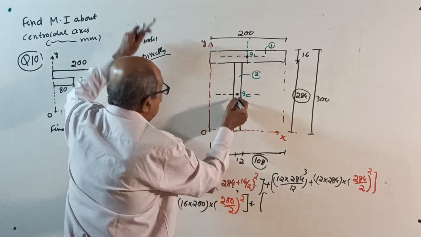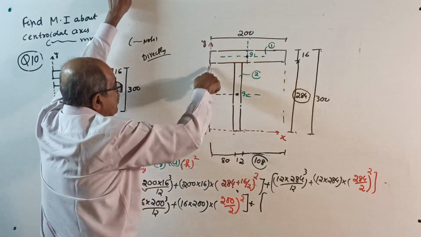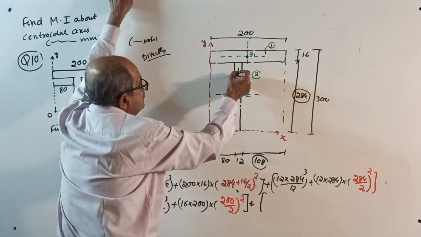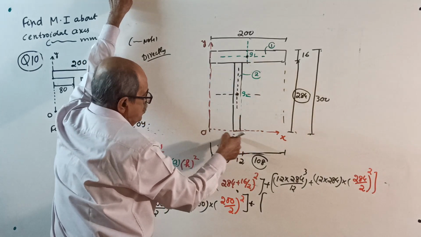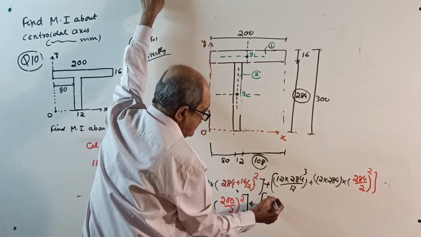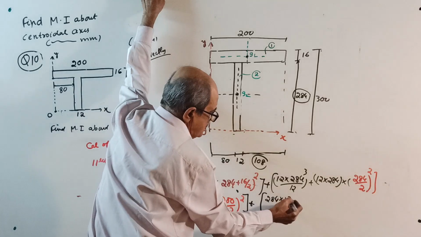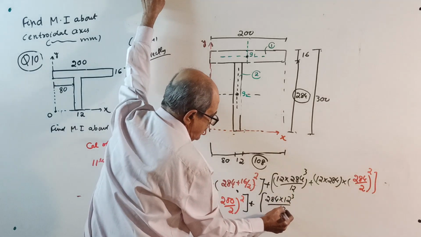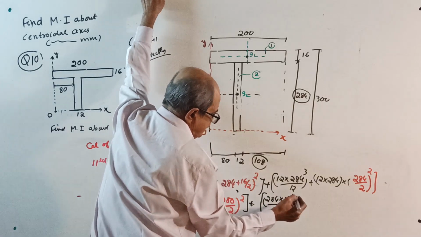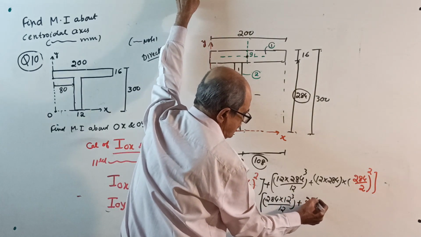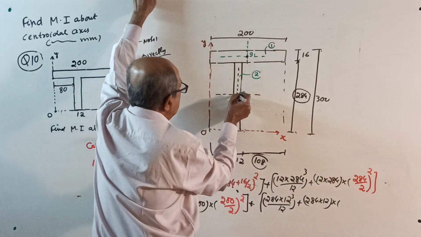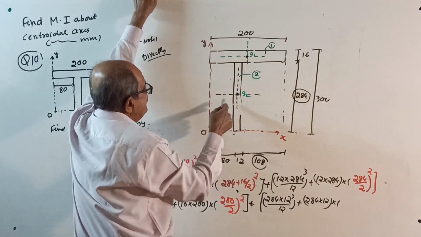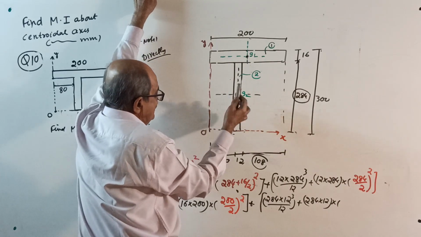Plus for this one we want I about OY. First about its own axis. See here, parallel to OY: 284 into 12 cube by 12, Ig, plus area, 284 into 12, into the distance from centroid to this axis squared.